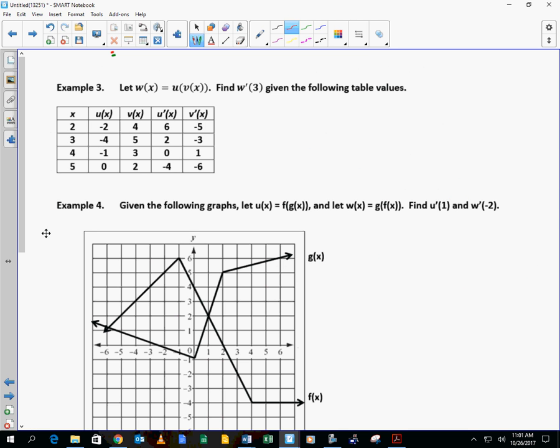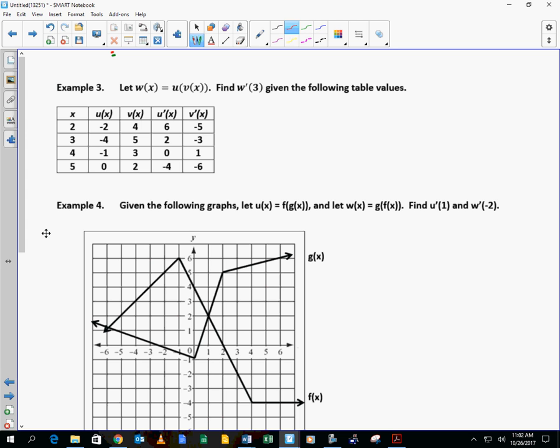So let's look at these examples we've got. It says let w of x equal u of v of x, find w prime of 3. Great type of question you can see on the AP exam. It looks like w happens to be a composition function. In order to find the derivative of a composition function, we take the derivative of the inside. Which one's on the inside?